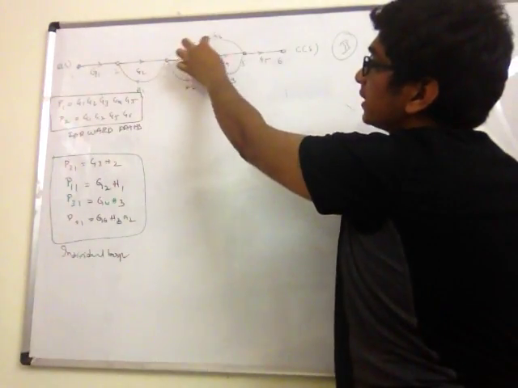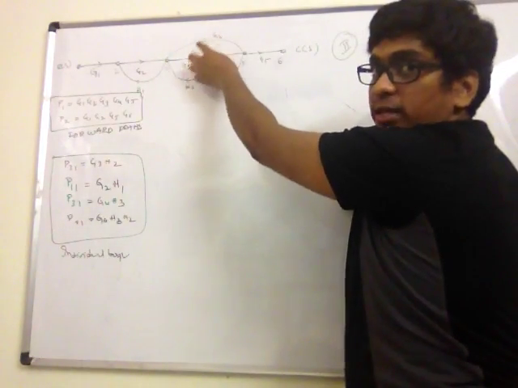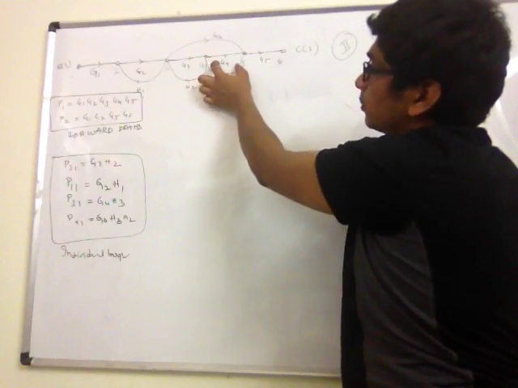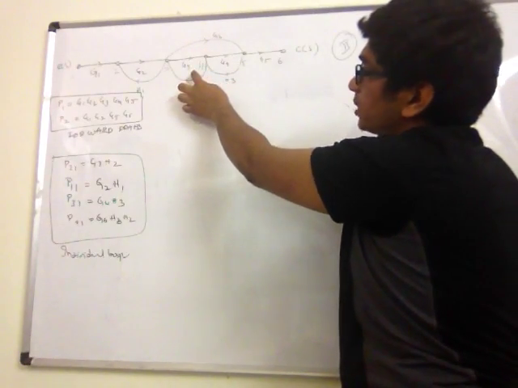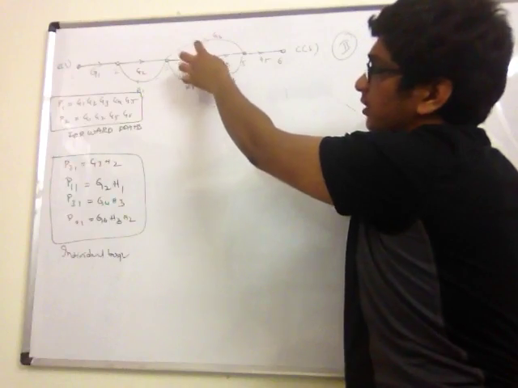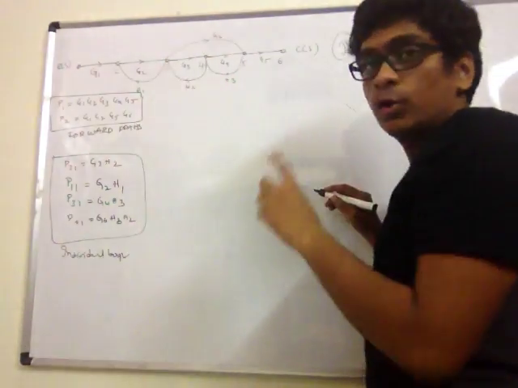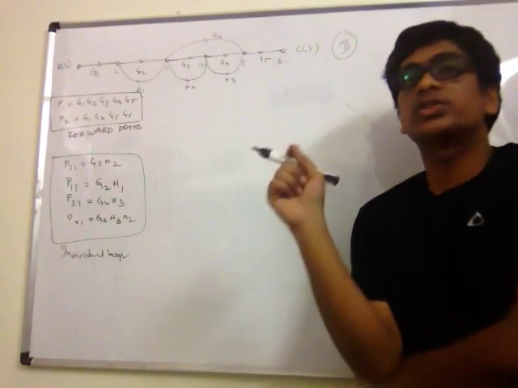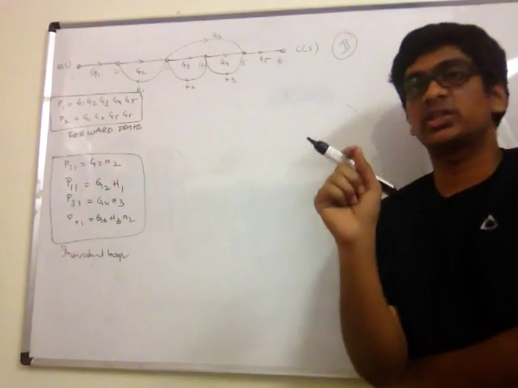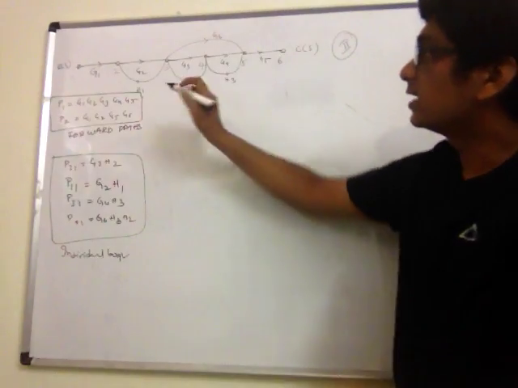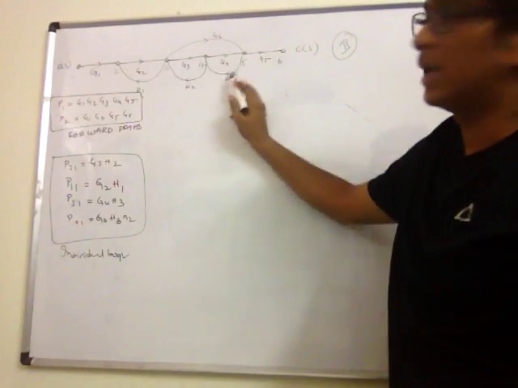So if you take this loop and this loop, they are touching each other. If you take this one and this one, they are touching each other. If you take this and this, yes, they are touching each other. But the only pair of loops which is not touching each other is this and this.